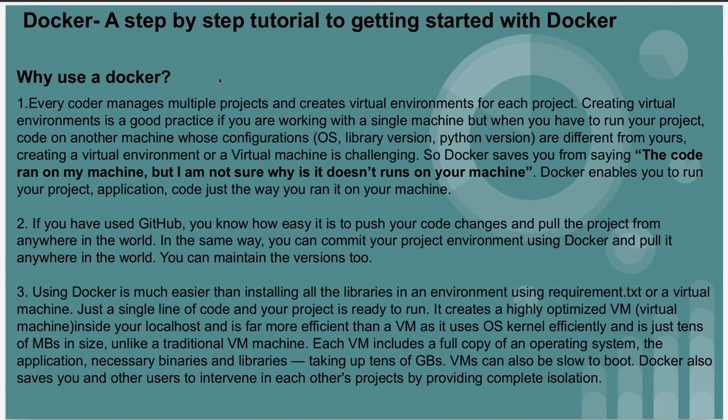But in Docker, we can install any OS, and whatever resources we are allocating, the leftover resources will be allocated to other containers or pods. So that's the main benefit of using Docker.